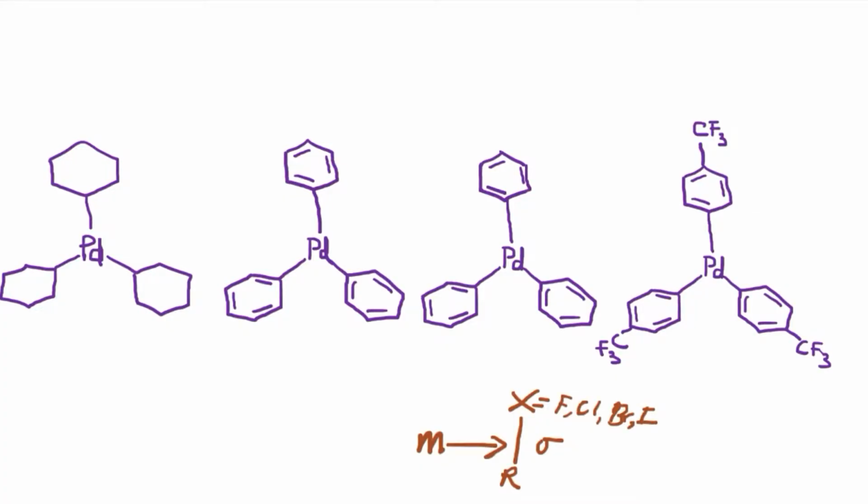And those are going to be interacting with R because they need to introduce a sense of polarization due to the high electronegativity going from this direction to the other direction right there.